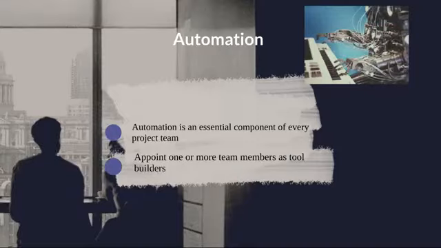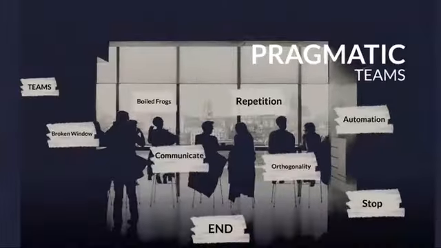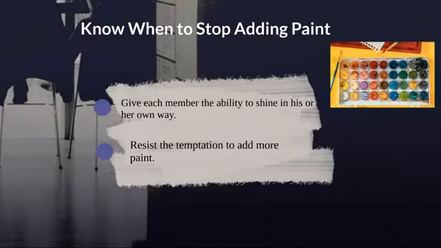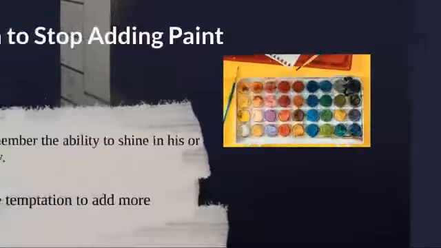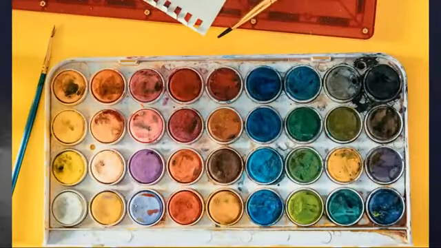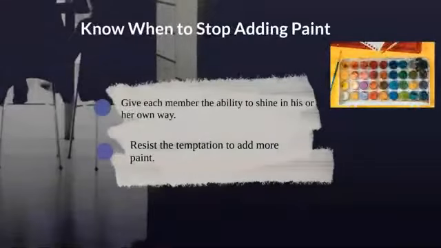Moving on to the last and final technique, know when to stop adding paint. Remember that teams are made up of individuals. Give each member the ability to shine in his or her own way. Give them just enough structure to support them and to ensure that the project delivers against its requirements.